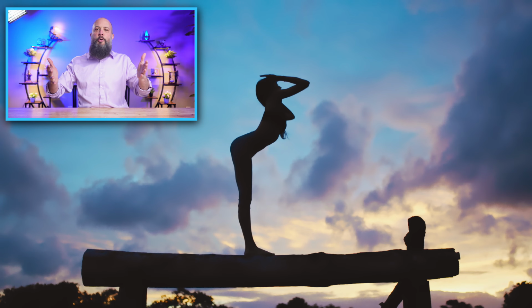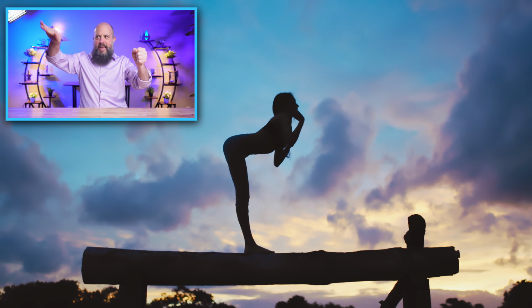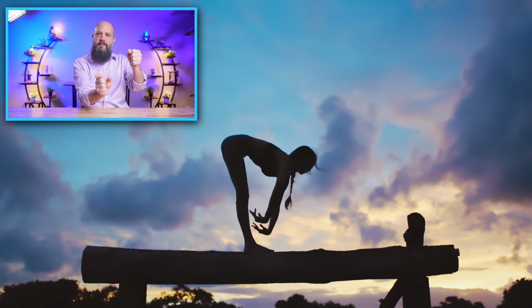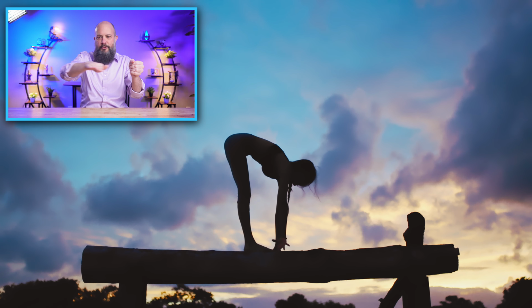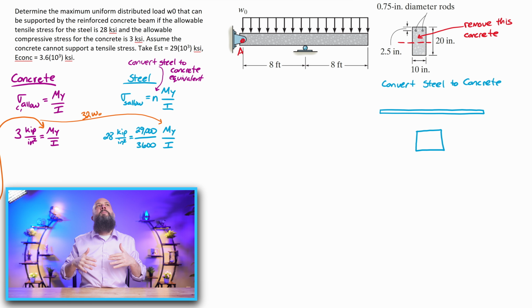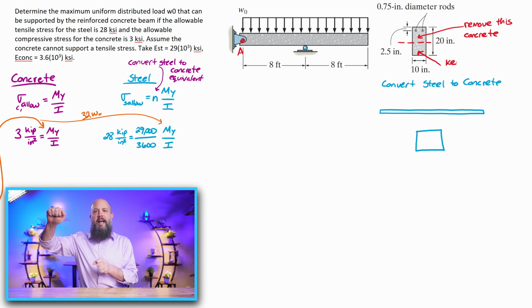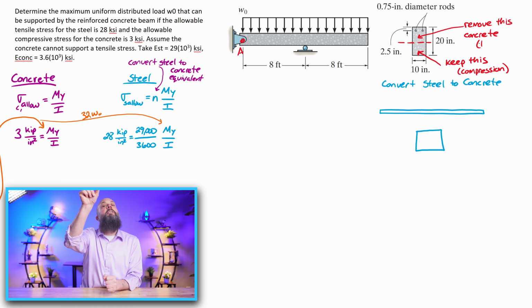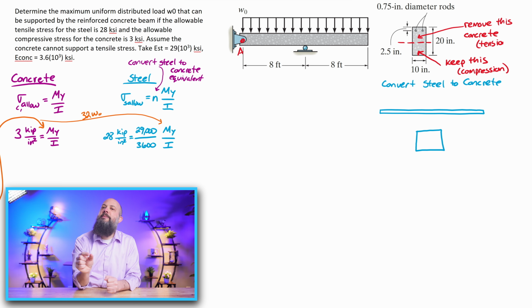A simply supported beam, like with supports on each end and the beam in the middle, is gonna be in tension on the bottom and compression on top, right, when the beam is bent in a smiley face. A cantilever beam that's supported over on one side, even with a support in the middle, is gonna be bending downwards like a frowny face. And when you have a beam bending downwards, the tension is on top and compression is down on the bottom.